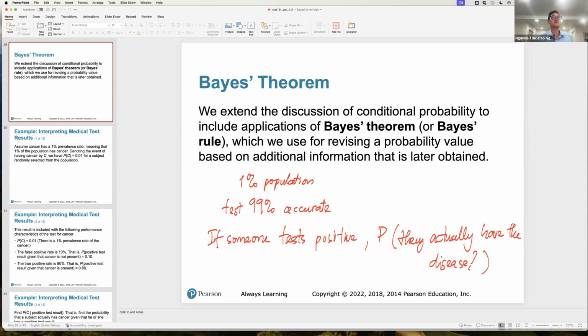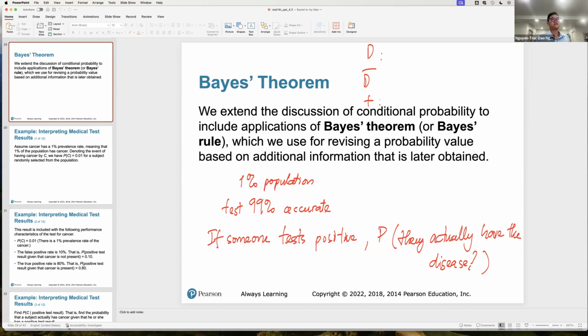Okay, so how do we do that? Given that D is the event the person has the disease, right? And D bar is the event that the person does not have the disease. So this one stands for disease, and then this one, the person does not have the disease. And plus maybe stands for test is positive.